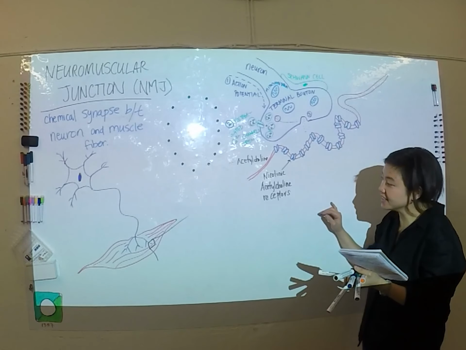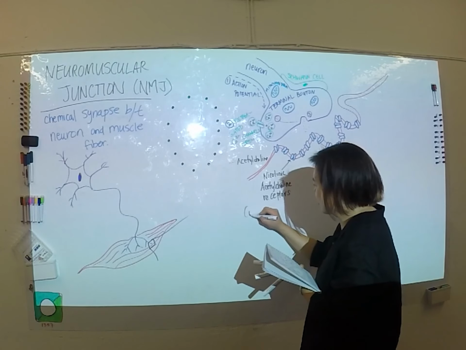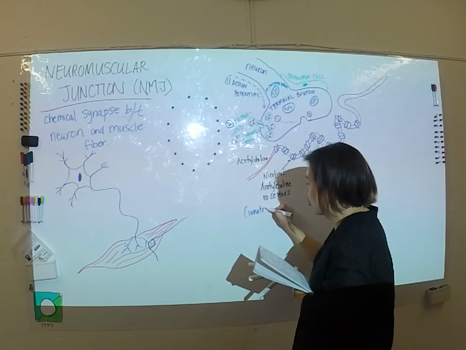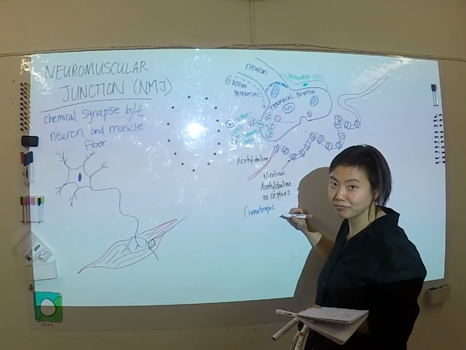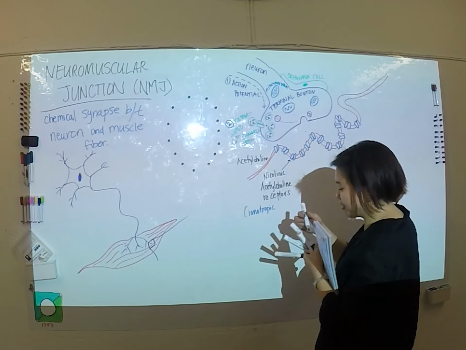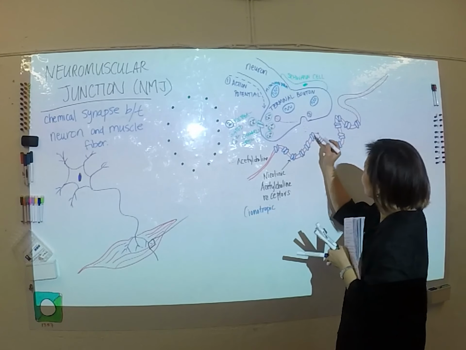And what they do is, these are ionotropic receptors, which means what? That means that the acetylcholine acts as a key, okay?